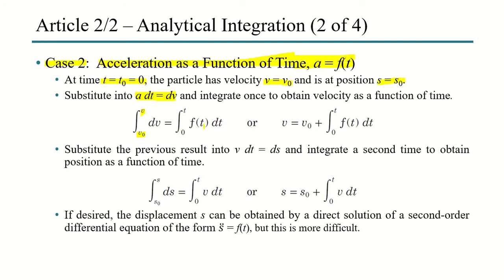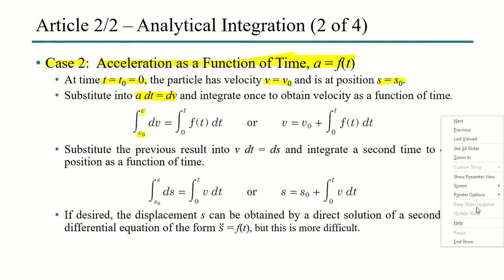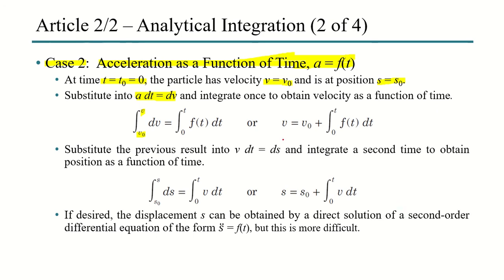A is a function of time, so we have a function of time dt, limit 0 to t. When you evaluate that one, the integral of dv is v, then substituting the limit, you have v minus v sub 0.